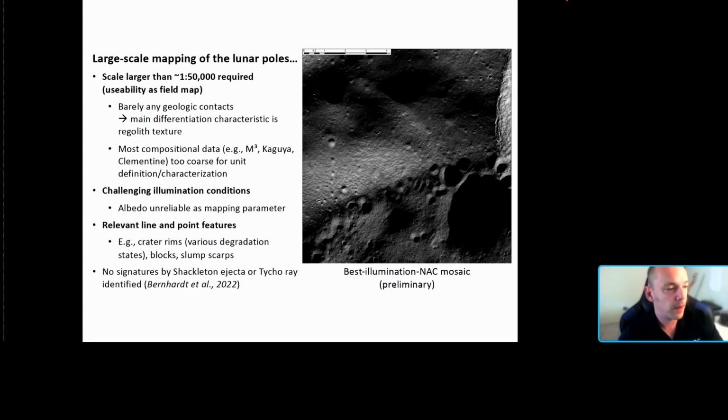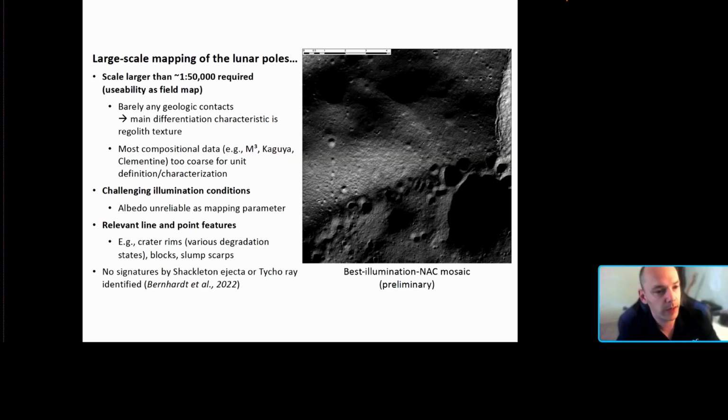Now, other things that we considered, and this is elaborated more in our full-scale publication from last year, and was also touched on in terms of the Shackleton ejecta by Brett in the previous talk, are the Tycho rays, of course, something that we considered, and no specific signatures in a geomorphic sense were identified by either feature.